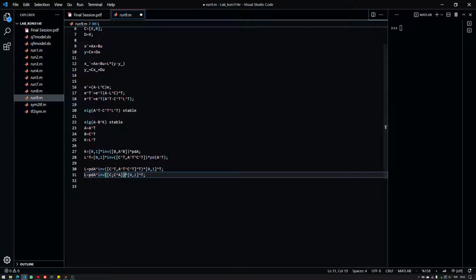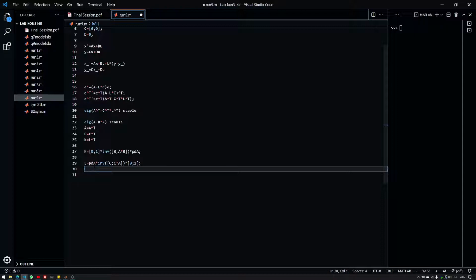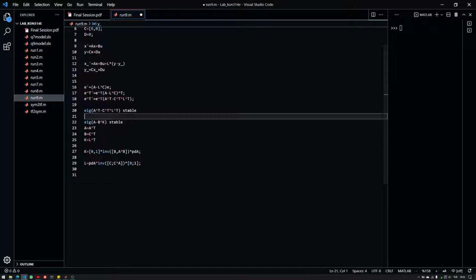Of course, the transpose vanishes. You can prove all the stuff that I'm writing down here, but essentially what you get is this. PDA here is the poles associated with A minus LC, so the eigenvalues of A minus LC.